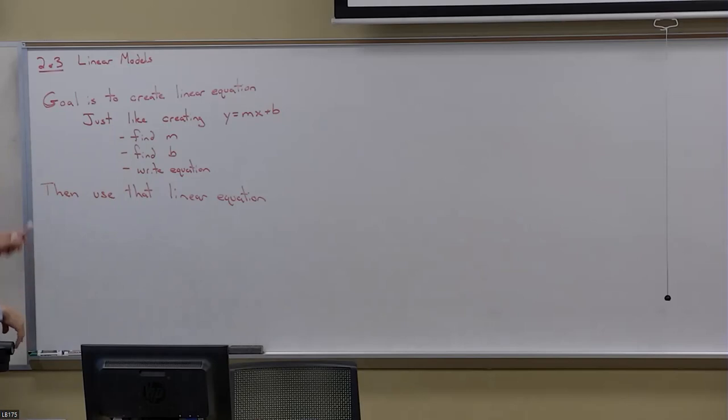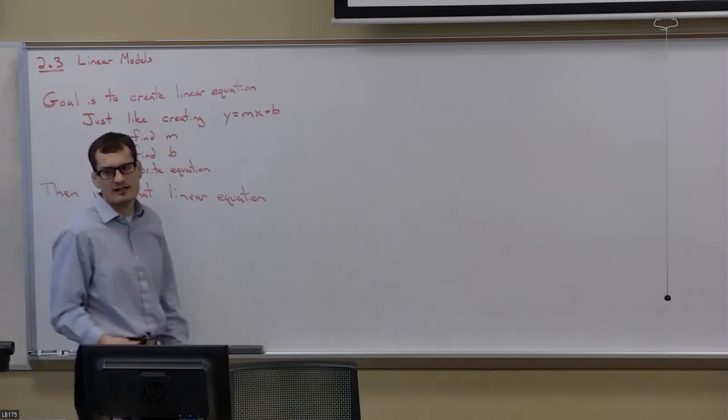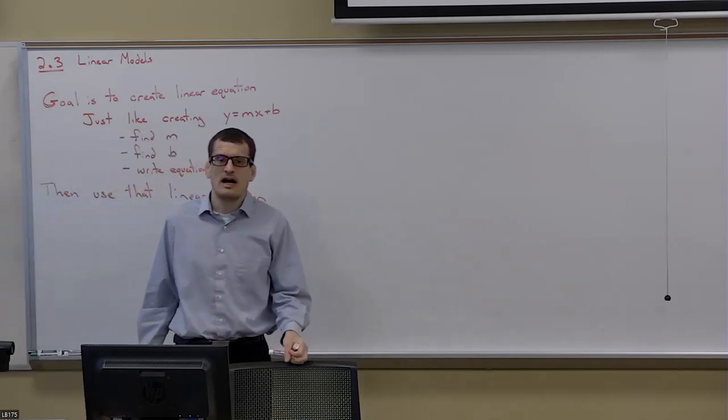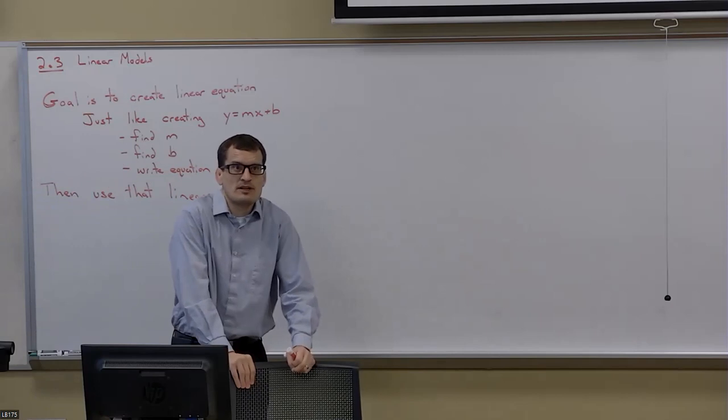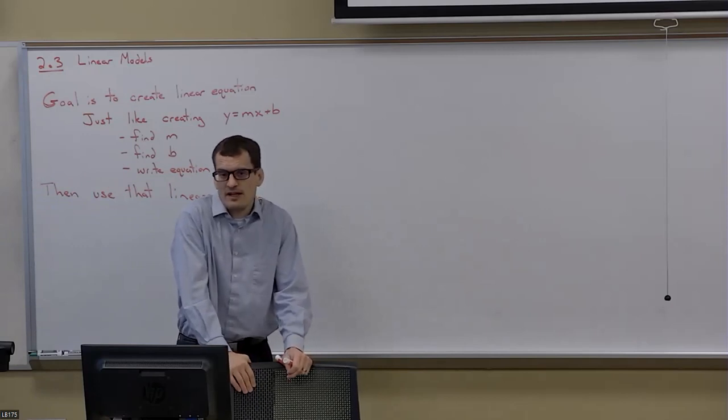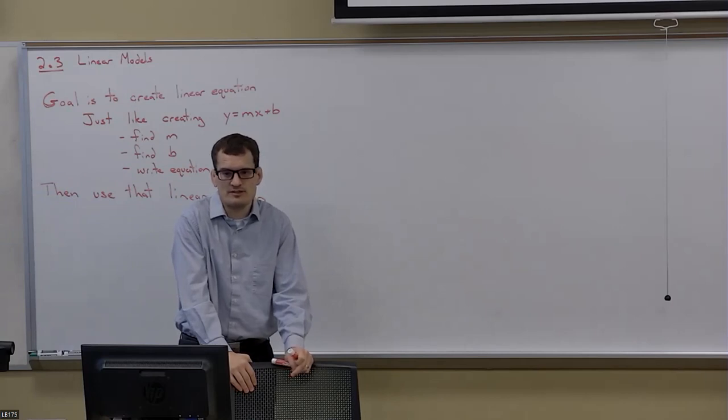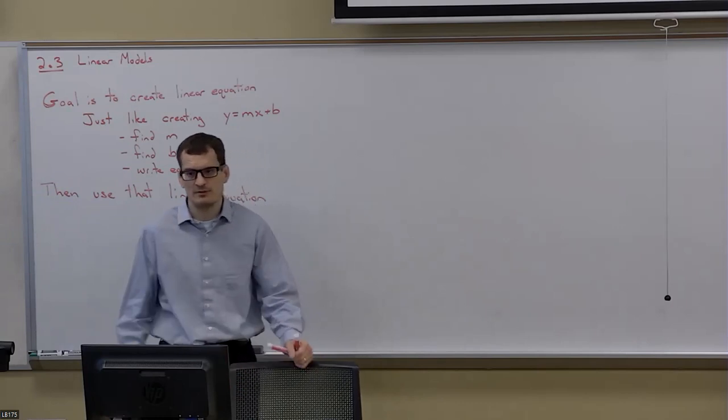Now, in this section, since we're dealing with linear models, we're going to assume linear growth a lot. But I want to put the caveat out there that not every real world situation is a linear growth situation, okay? And we will see that as we move on in the semester. There's other models, like exponential models, that we're going to look at in later chapters.